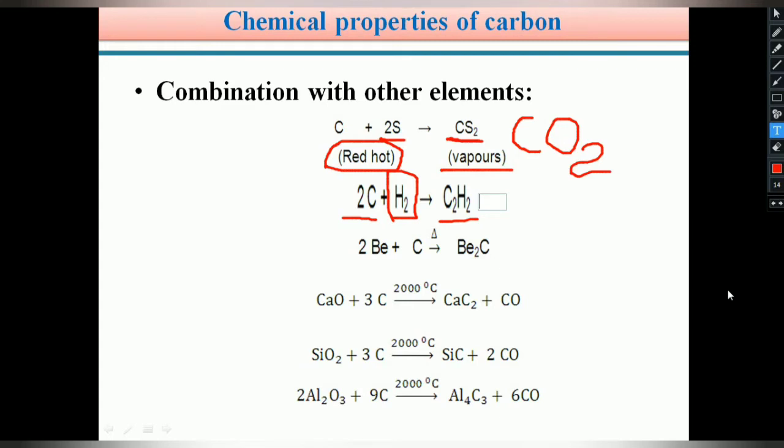Here C2H2's common name is acetylene, and its IUPAC name is ethyne. So whenever an electric arc is struck between carbon electrodes in hydrogen gas, carbon reacts with hydrogen gas and produces acetylene, or ethyne.